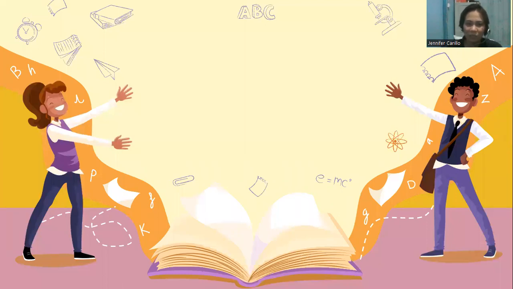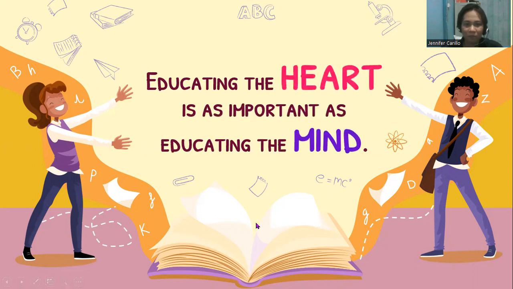Today, in this video, you also learned the importance of developing the affective domain of the students. So the affective domain of the students follows this quote. Educating the heart is as important as educating the mind.